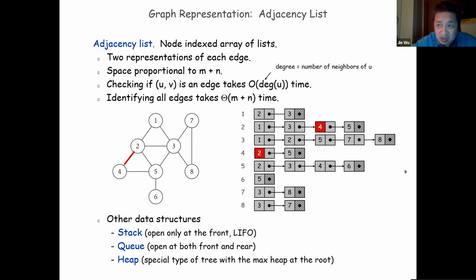So that's a special structure. Another one is a queue, which means that you open both ends, front and rear. But that's just some kind of convenient structure for certain applications. All of them you can consider as a special type of list or array.